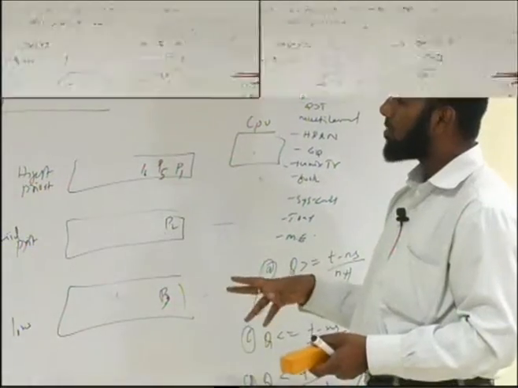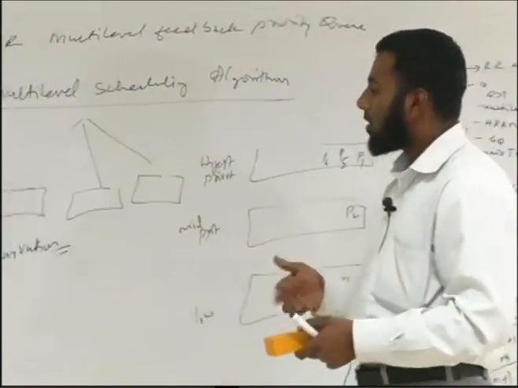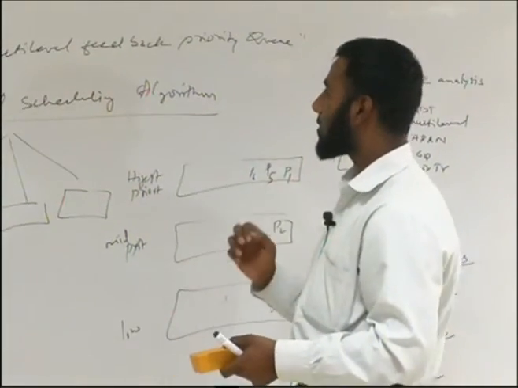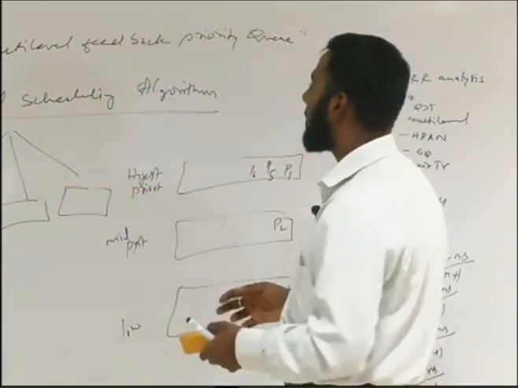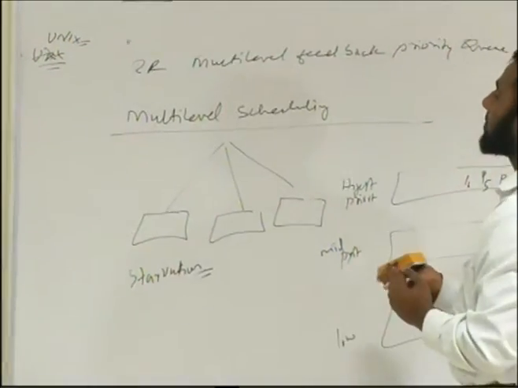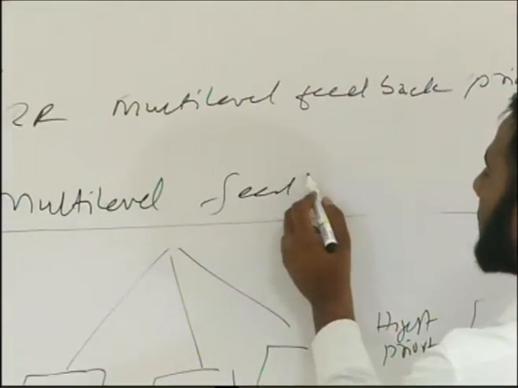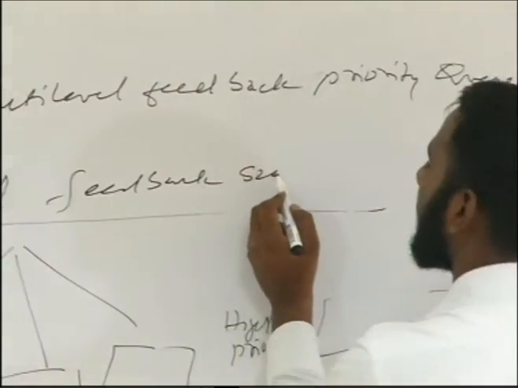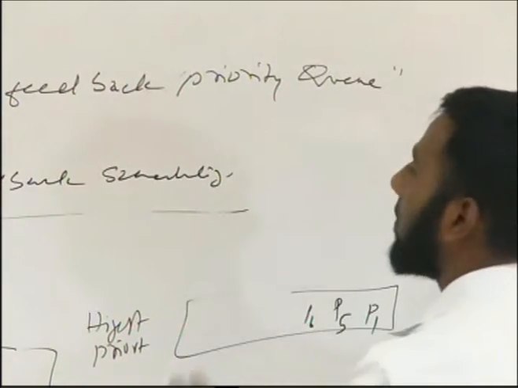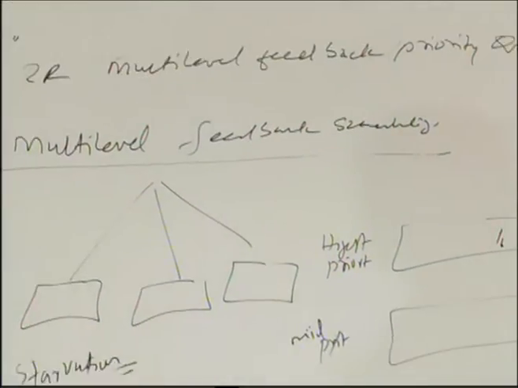Now, in order to overcome this starvation, a few improvements have been made on the multi-level scheduling algorithm, and that is what we call the multi-level feedback scheduling algorithm. So, what is this multi-level feedback scheduling algorithm?